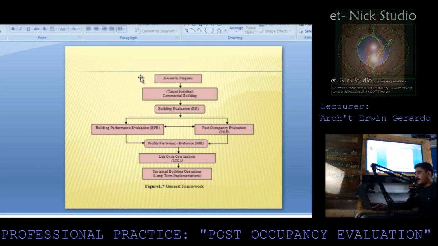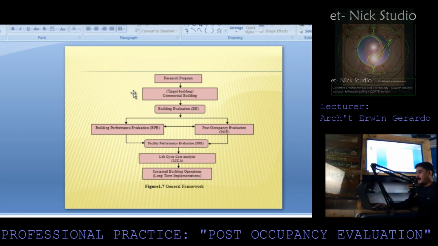So first is the research program. Then after which you need to have a target building which will serve as your pilot project, which is actually a commercial building as shown a while ago.